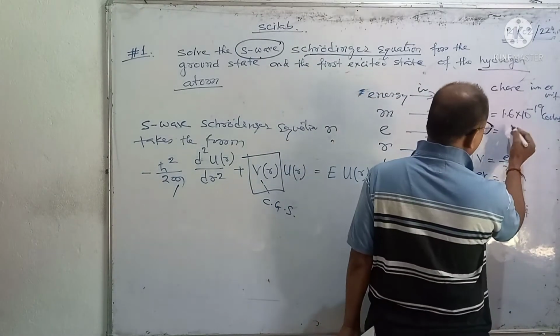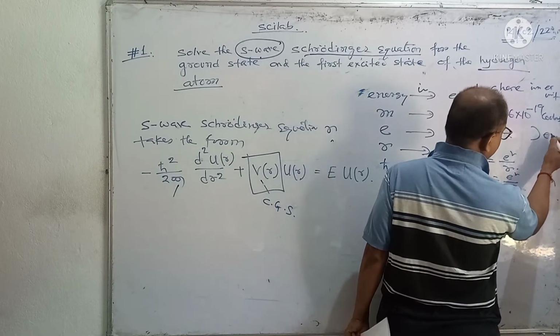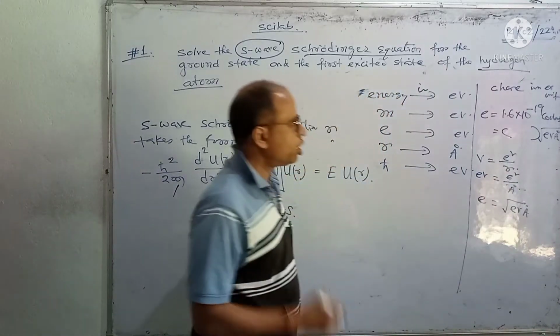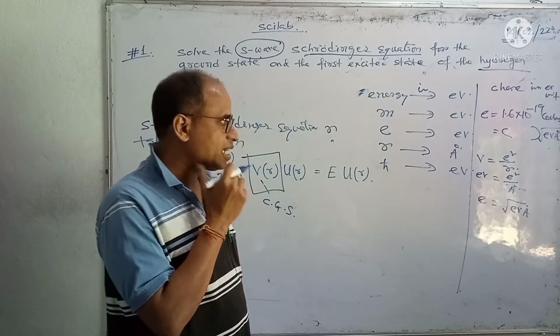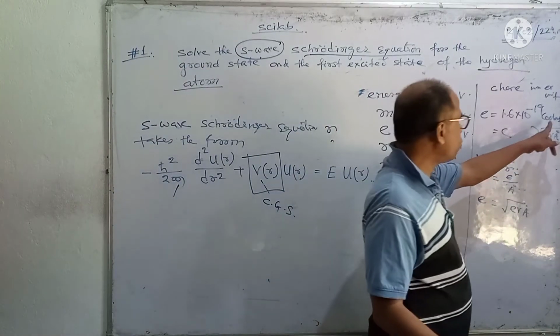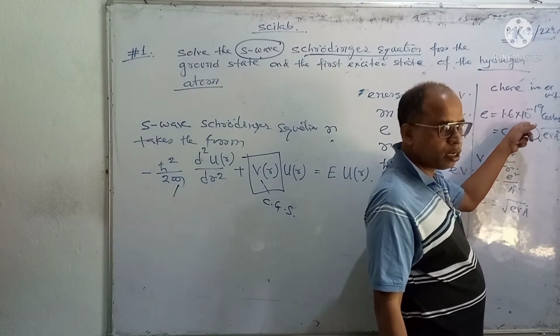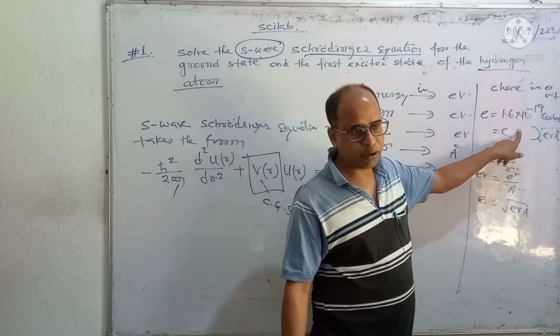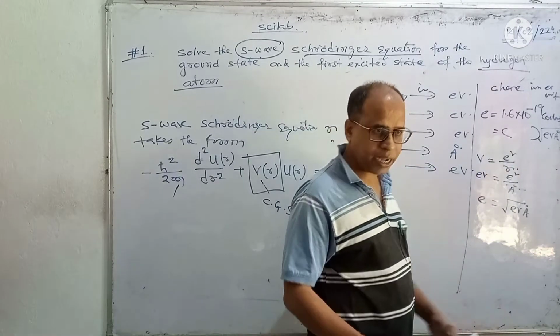Therefore, my question is, what will be the value of this? Express charge in electron volt angstrom. In coulomb, this value. In electron volt angstrom, what is the value? This you have to calculate. Okay.